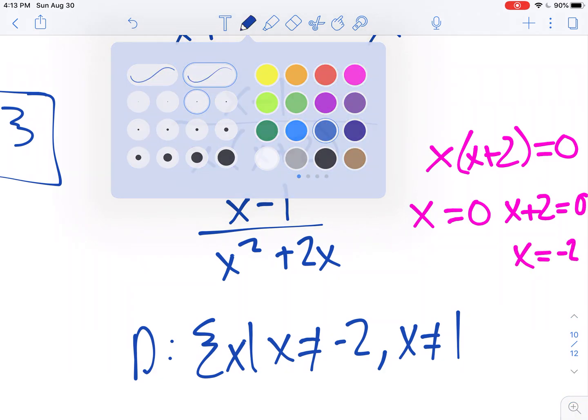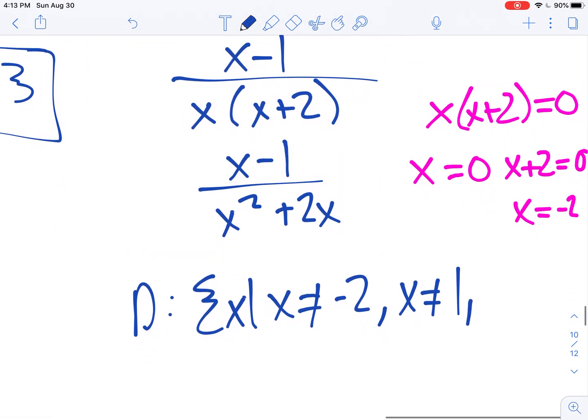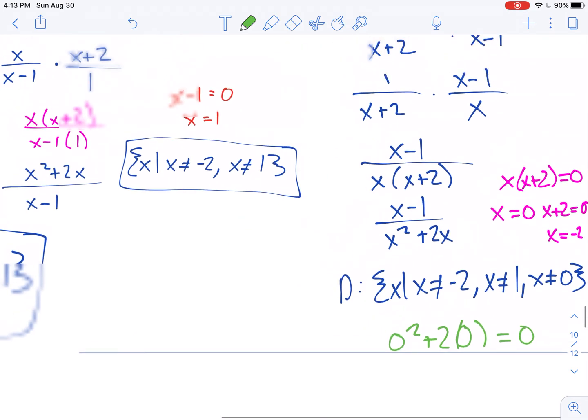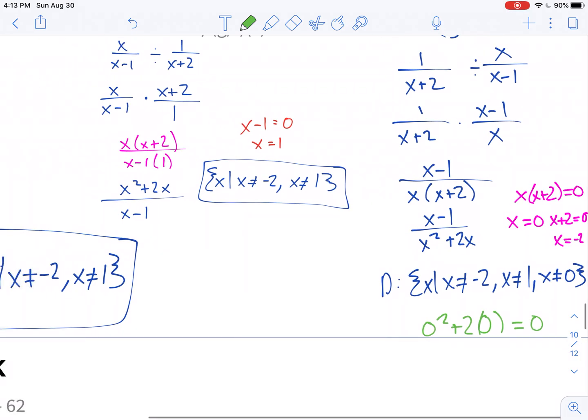But we also have to include in here x can't be equal to 0. Again, let's look, because if I plug in 0 squared plus 2 times 0, that's equal to 0, which is no good. That's going to give me 0 in my denominator. So I've got to include that x can't be equal to 0 in my domain as well.